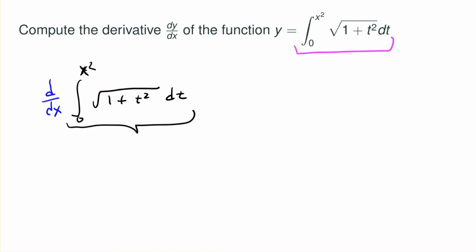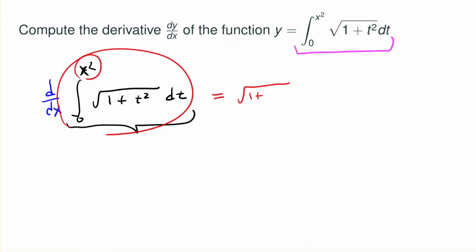So we apply the fundamental theorem of calculus, where when we take the derivative of this thing, we plug this in as the variable for t. So we have x squared to the second power.